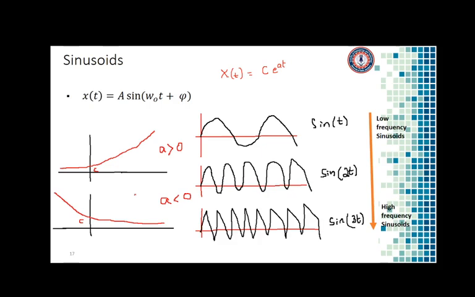So how do I handle this quantity where c and a are complex numbers, which makes things more complicated? It's a little tricky.